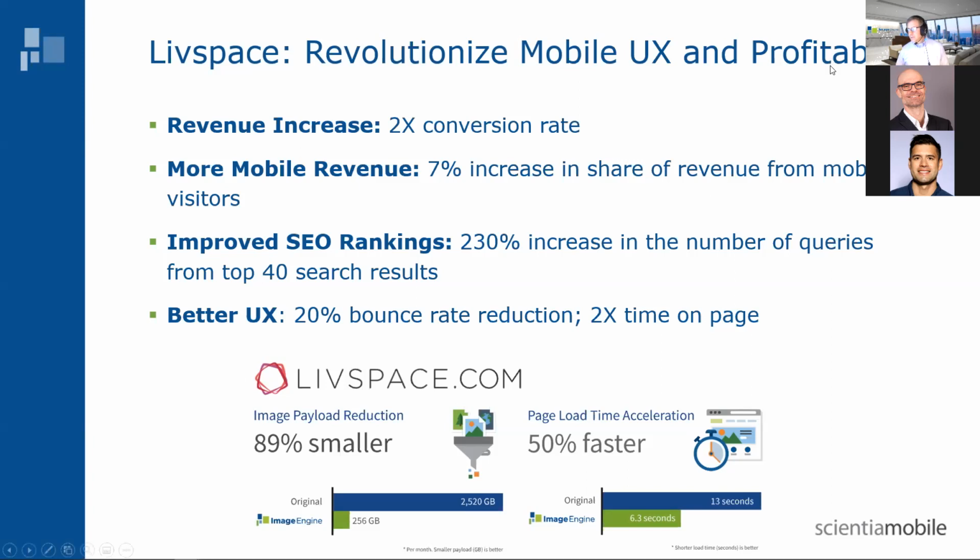So they saw a 7% increase in the share of revenue coming from mobile visitors. In terms of SEO, they've seen a 230% increase in the number of queries coming from their top 40 search keyword results. That means they've gotten much higher rankings for the most important keywords for their industry sector.